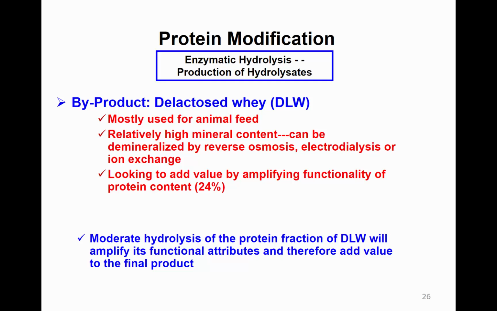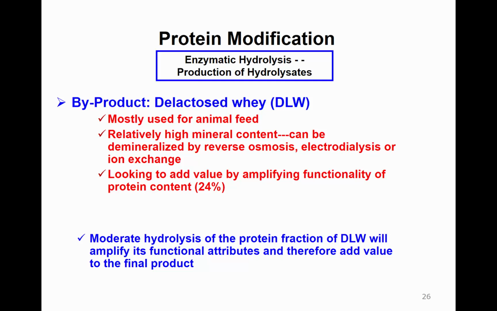And that protein in there is still functional, still your regular whey protein components. They're still there. But if you want to formulate with it, you have only 24% protein versus an isolate that is 90% protein. So how can you add value to such a product?